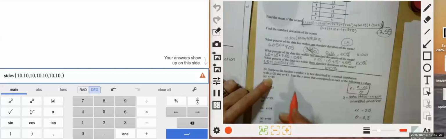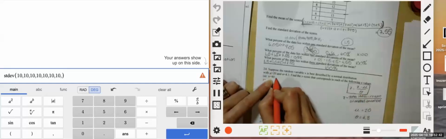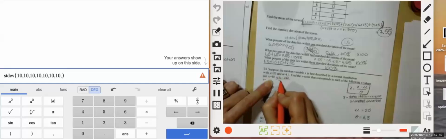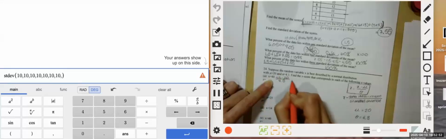Okay, so we're doing our data item minus the mean, divided by the standard deviation. So the data item here is 40 minus the mean, divided by the standard deviation. And if you do that in the calculator, I believe it comes up nice and neat.